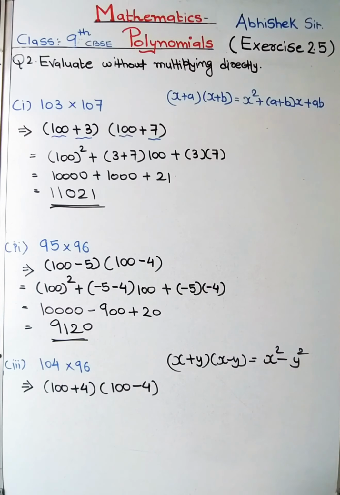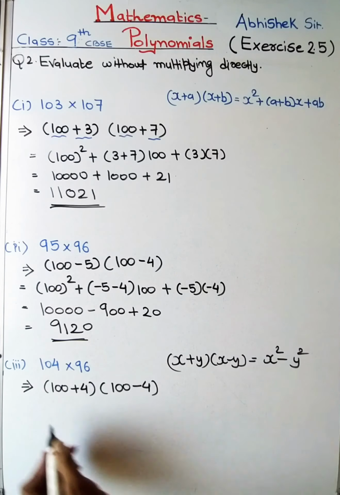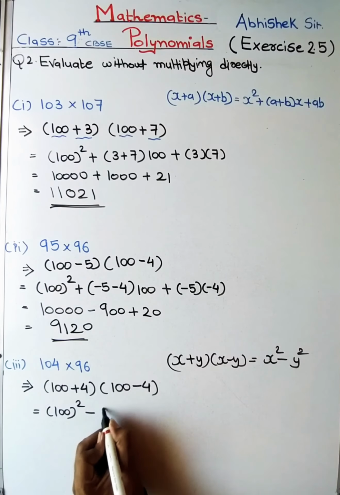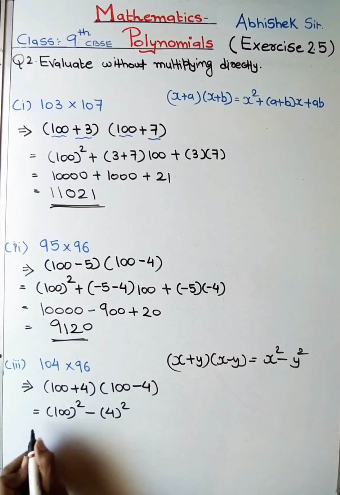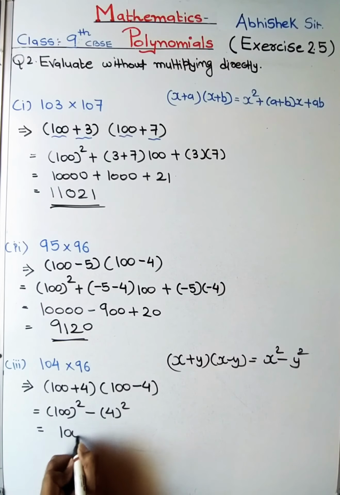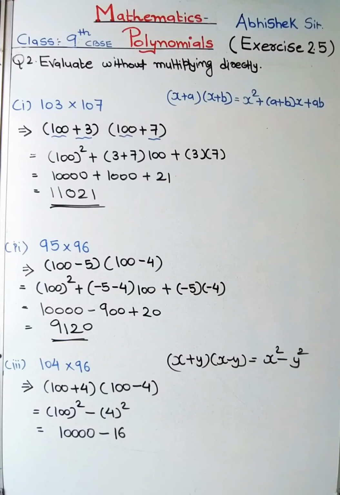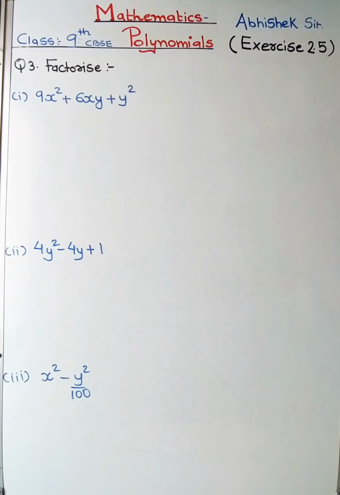Doing the square of first term, that is 100 square, minus the second term, that is 4 square. So 100 square will be 10,000 minus 4 square will be 16. So our answer will be 9,984.